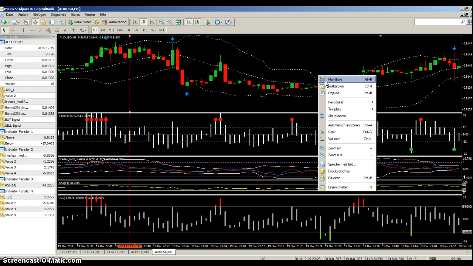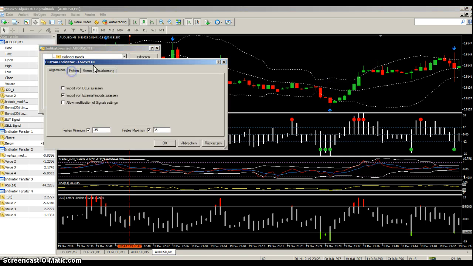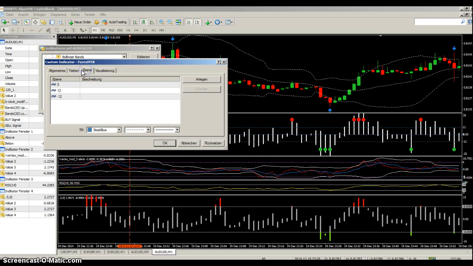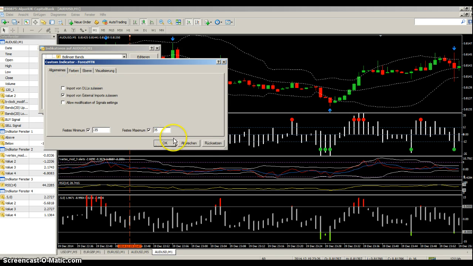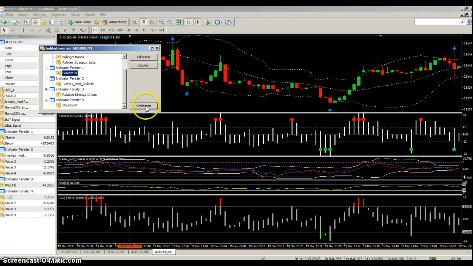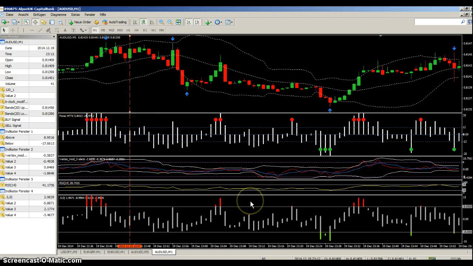We cannot change it. Nothing to change here. But with the value chart, we have the possibility to increase these values and so filter out some more bad signals. Okay, so that's why I added the value chart.